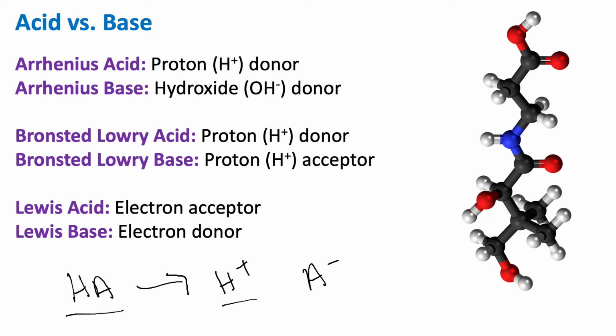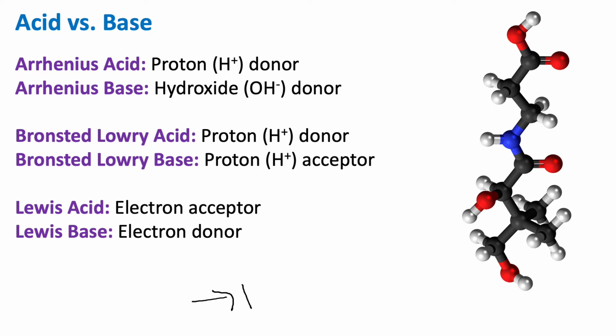So an Arrhenius acid donates a proton, whereas an Arrhenius base donates an OH group or a hydroxide. So instead of having an H+ as a product with an Arrhenius base, we're going to see OH- as our product.